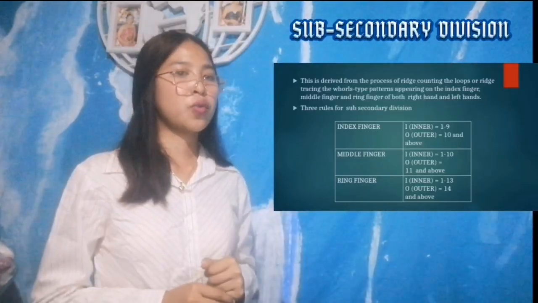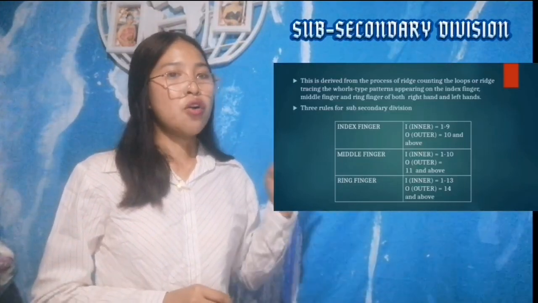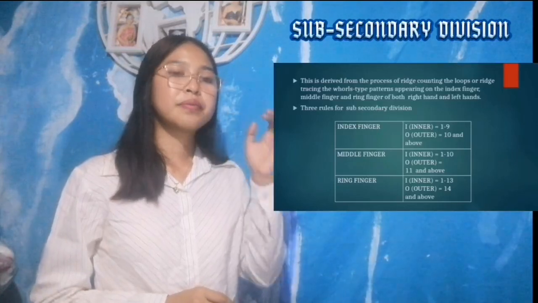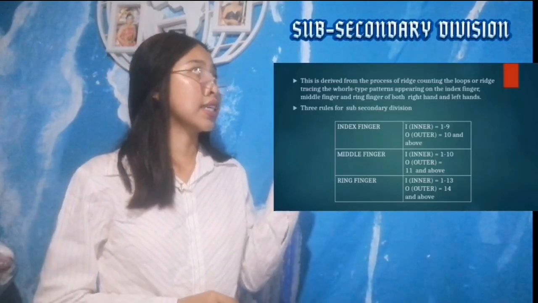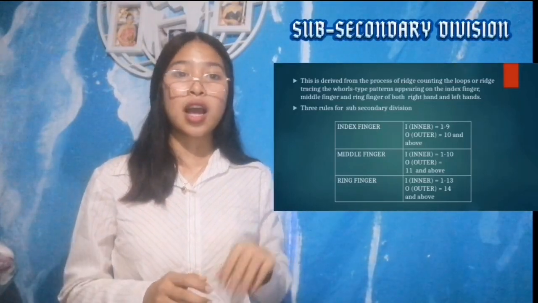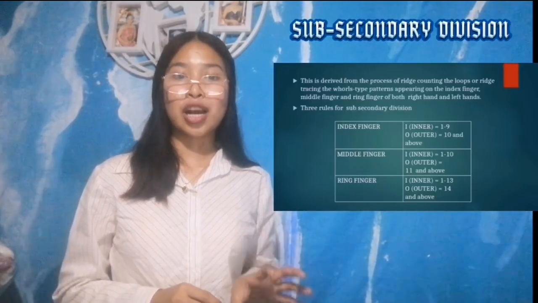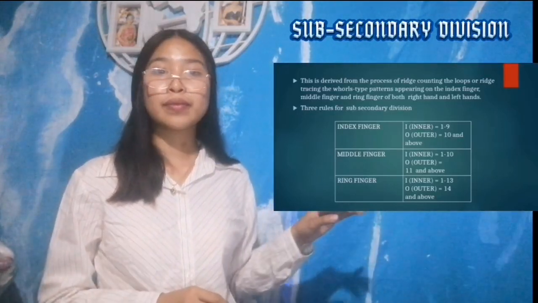In the index finger, 1 to 9 ridges is the count for inner, which you can write as the symbol I. If the index finger has a ridge count of 10 or more, it is outer, with the symbol O.